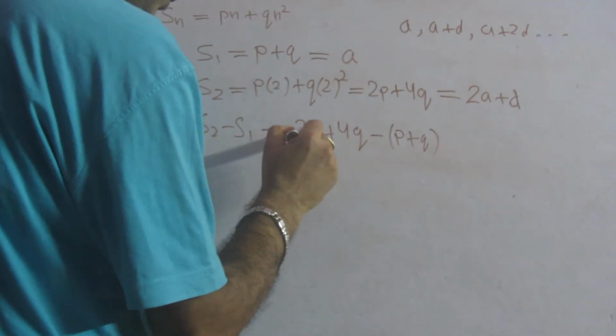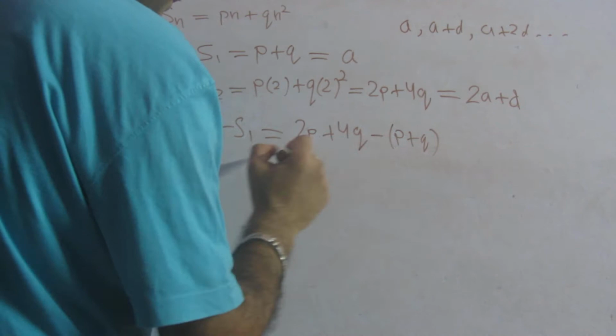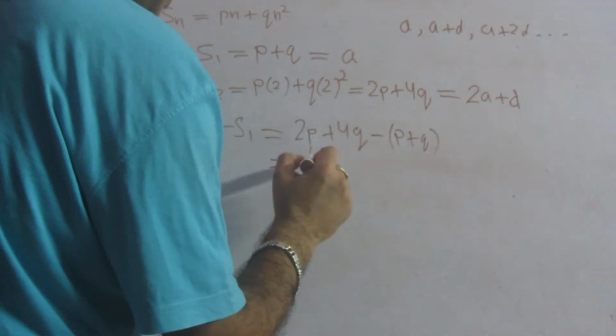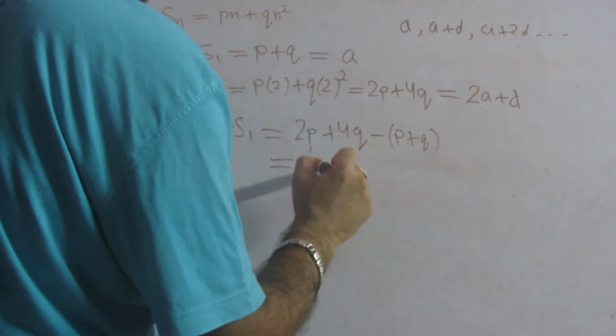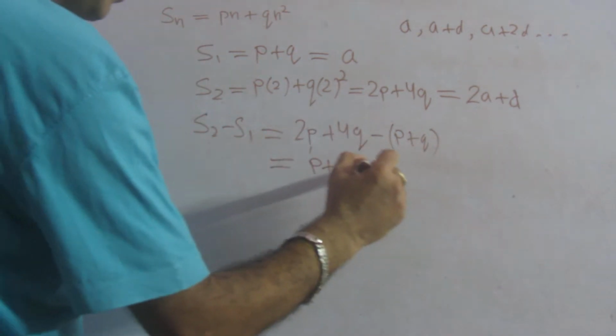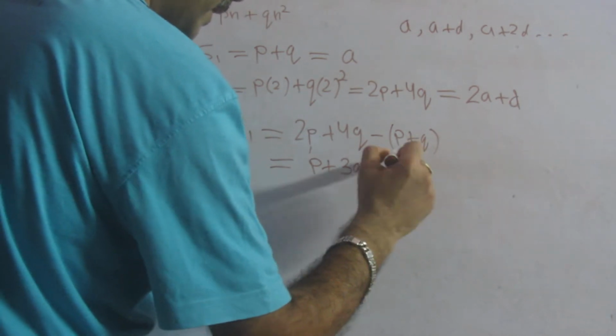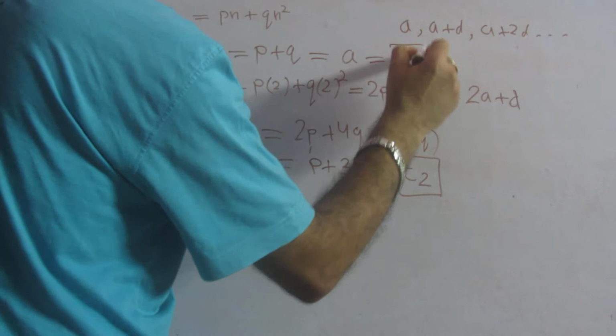So this is 2P plus 4Q minus P plus Q, which will become 2P minus P is P and 4Q minus Q is 3Q. Now S2 minus S1 gives me the second term. So I have got my second term and this is my first term.